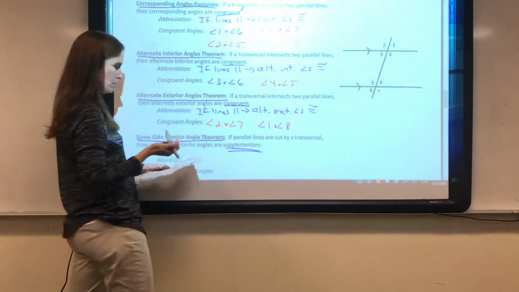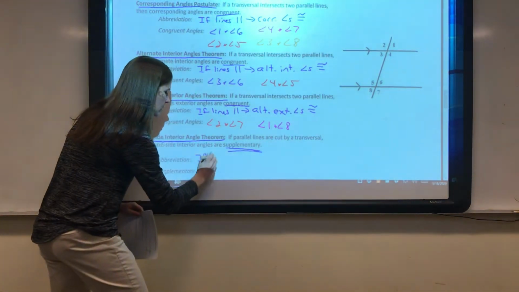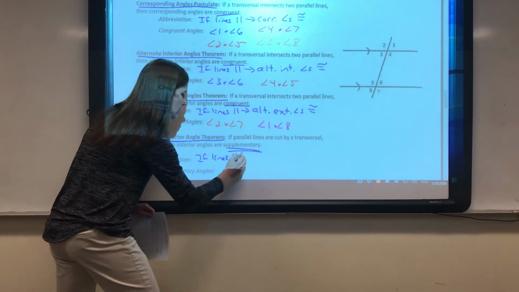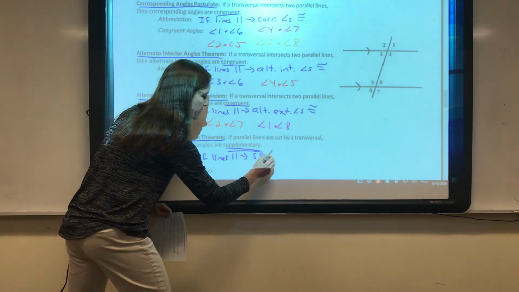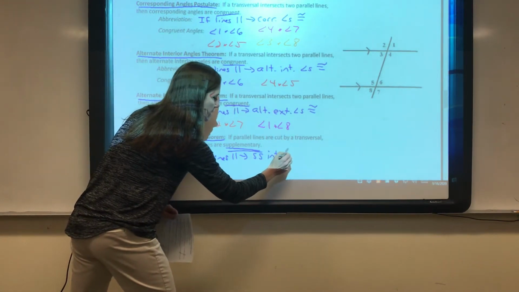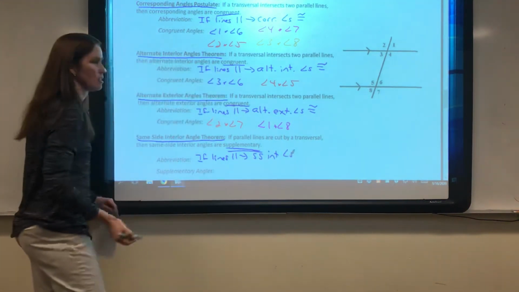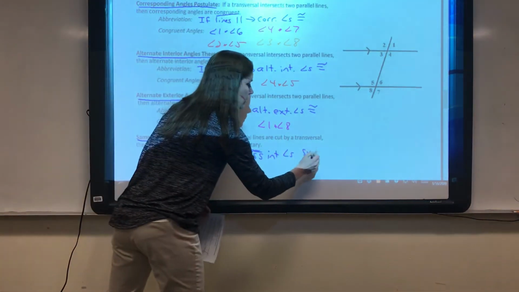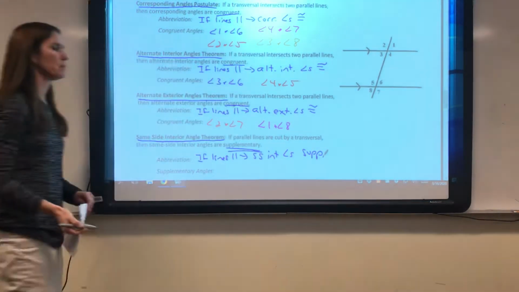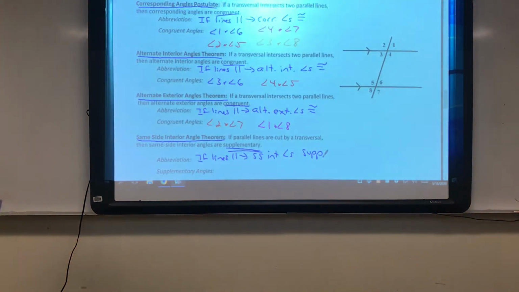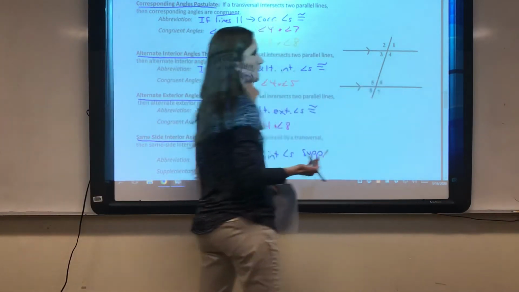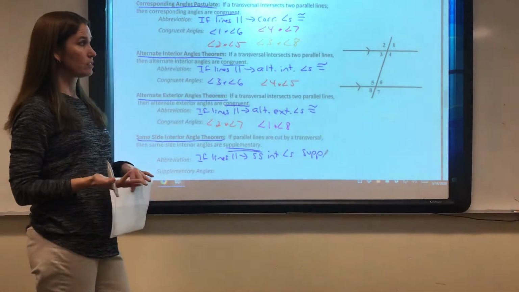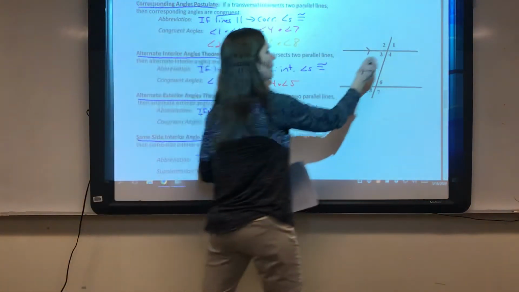Again, we can write our abbreviation. If lines parallel, then same side interior angles, abbreviated SS INT, but don't put congruent, put SUPP for supplementary. Then we can identify some same side interior angles: same side meaning same side of the transversal, interior meaning inside the two lines.